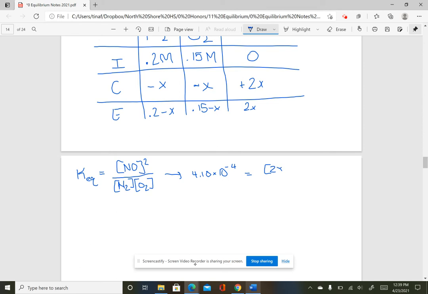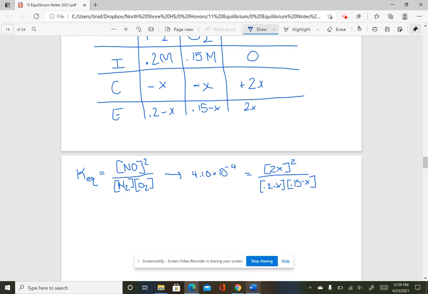My product has a concentration of 2x, and that has to be squared, and my reactants are 0.2 minus x times 0.15 minus x.